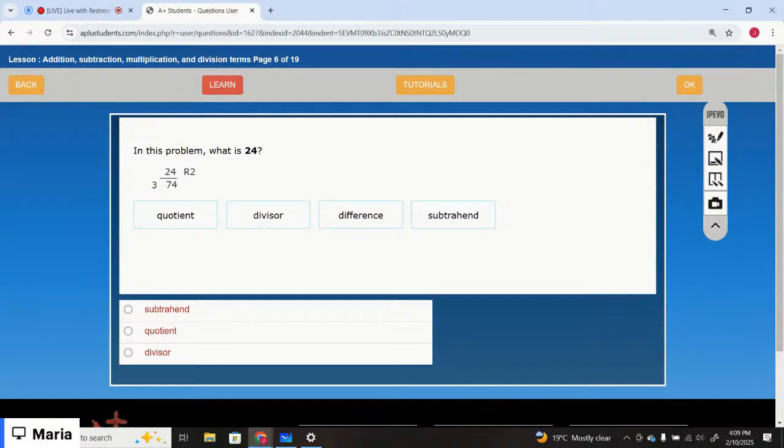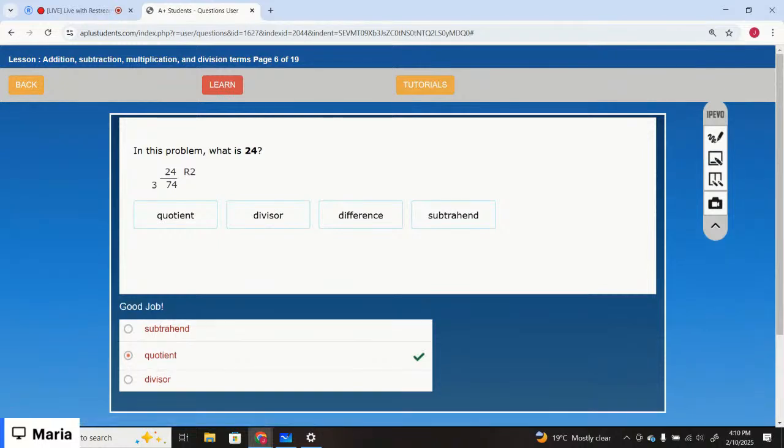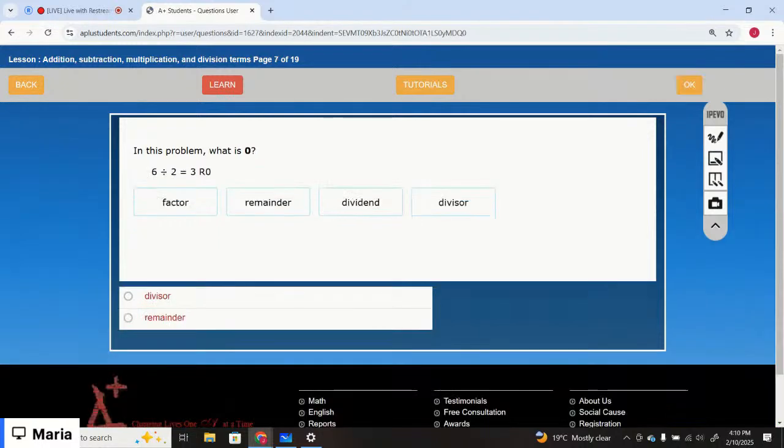In this problem, what is 24? 24 is the quotient. The correct option is quotient. Option number 2 is the correct option.